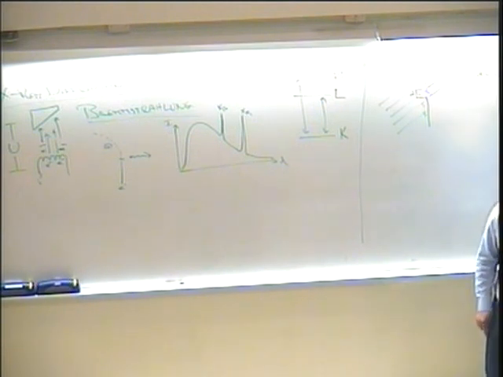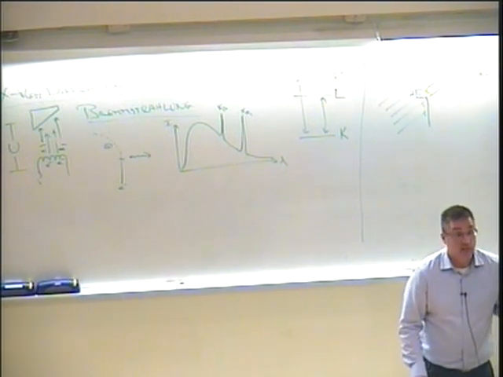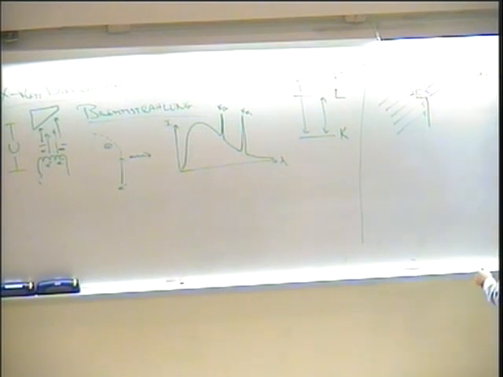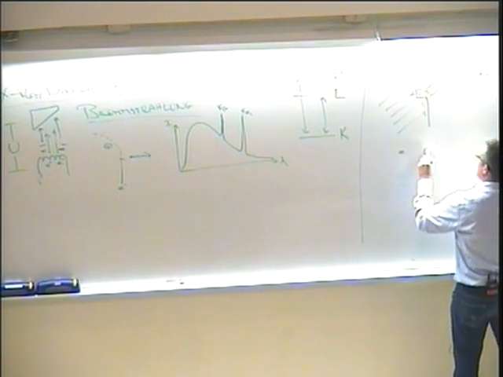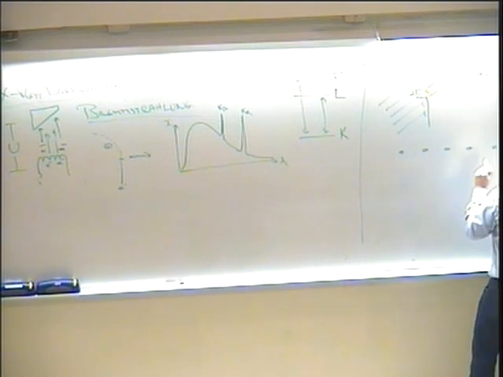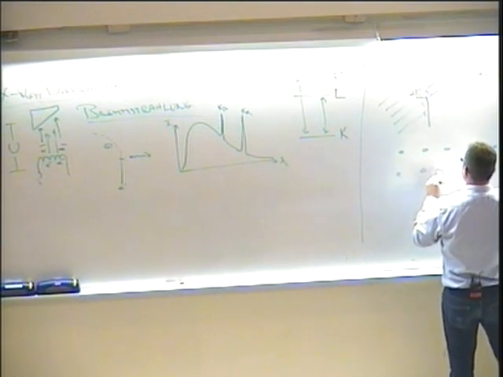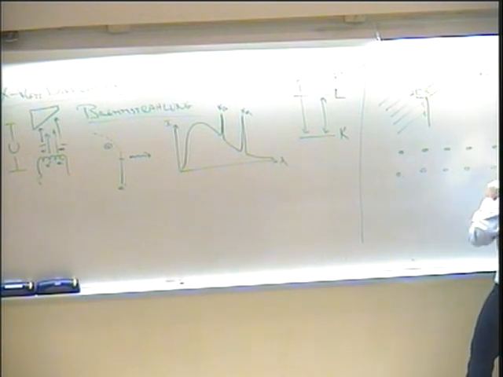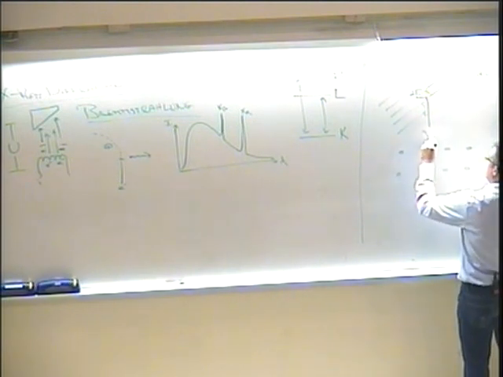So how does this apply to our crystal? In a crystal, we have a regular arrangement of atoms. Let's say we have our gamma ray coming in at some angle theta.